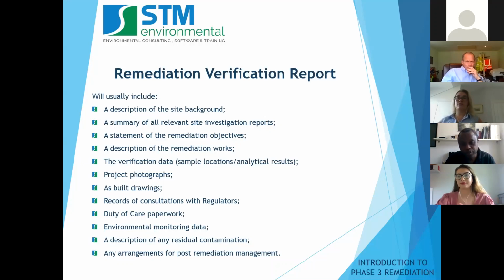Typically, soil suppliers will take one sample from a massive stockpile, probably one sample per 200 cubic meters of soil, which is completely useless. So you do need to do your own validation sampling for imported topsoil. Essentially, get all that evidence together that the works have been done and successfully treated the potential pollutant linkage.